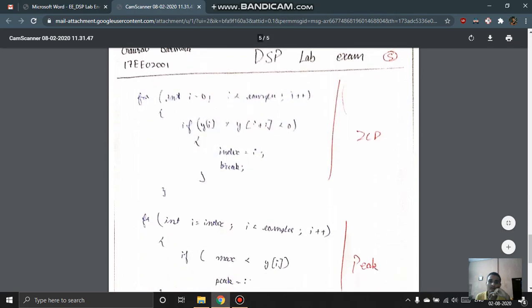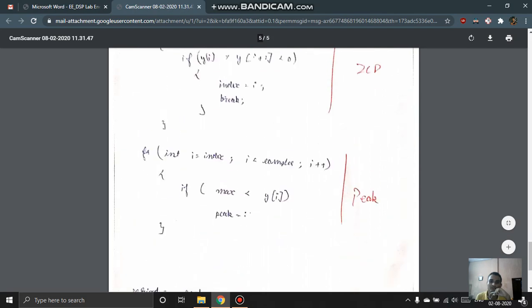How we'll find the zero crossing point is by doing yi into yi. Whenever the sign changes, it will store that index, the first time the sign of the ACF changes. This will give us the index of the zero crossing point, and using that we'll find the peak.